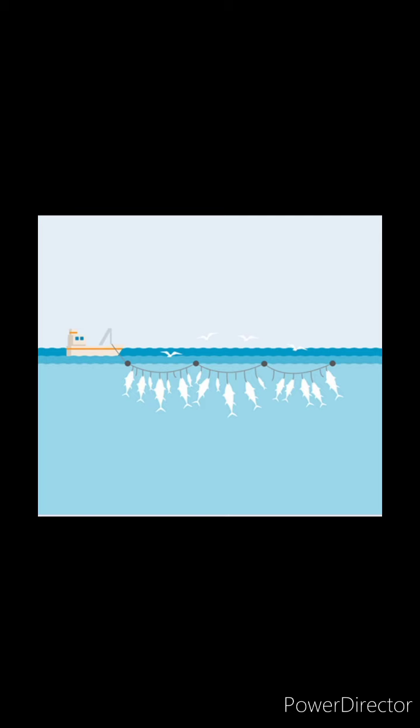Pelagic gear is simple, like normal fishing, the way a single man fishes for time pass. In the same way, we fish by putting a single vertical net, and this is how a pelagic gear looks.